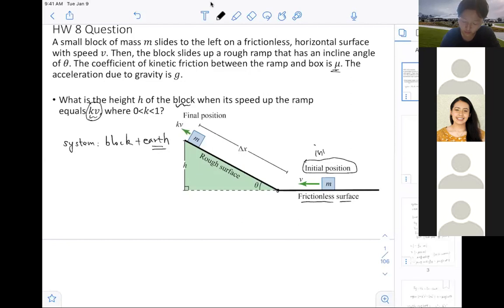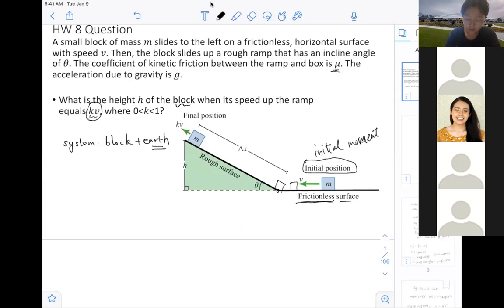This would be our initial moment. Notice that whether it's this point or right at the bottom of the ramp doesn't make any difference because it is frictionless. It's going to have the same velocity v no matter which of these points you look at. So when it's really close to the ramp or a little bit before the ramp actually doesn't matter. So we're just going to choose what the picture gives us as the initial moment.